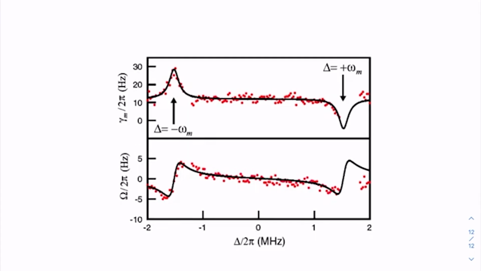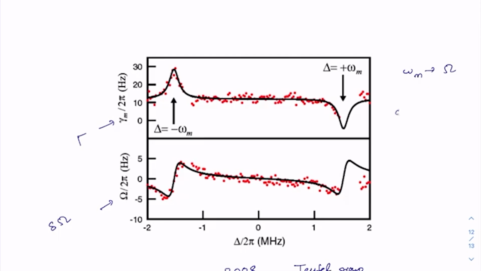This is an experiment that was done in the year 2008 by the Tufel group, and here you see, by the way, in this plot, this omega m refers to our capital omega, the resonance frequency, and this omega refers to delta omega, and this gamma refers to our symbol gamma.